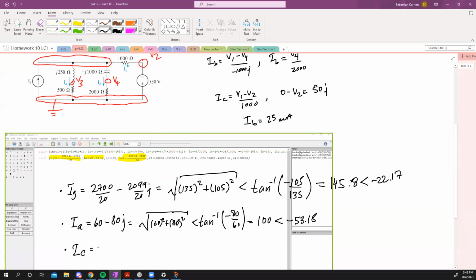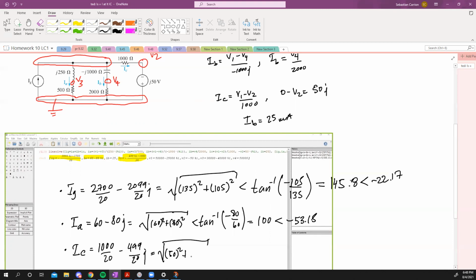For IC, we got 1000 over 20 minus 499 over 20J. For this one, we get 50 squared and then 499 over 20, which is 24.95.